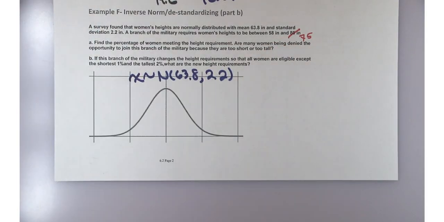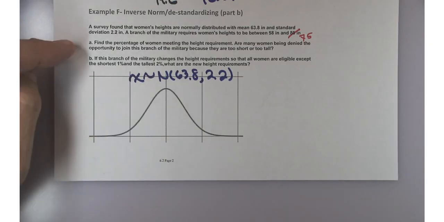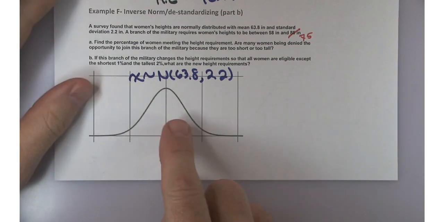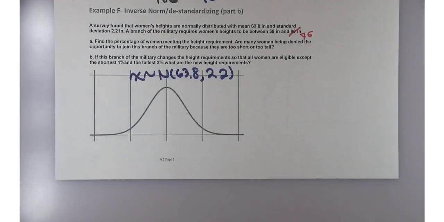I want you to think about this for a second. Finding this percentage, is that going to involve norm distribution or norm inverse? Think about it for a second before you shout the answer. Norm distribution or norm inverse? Which one are you using here? All right, we'll do it together. 1, 2, 3. Which one? Norm distribution. Oh, I heard a lot. I heard a variety of voices, but mostly I heard norm distribution, because you're starting out with things on the x-axis and then trying to find areas.